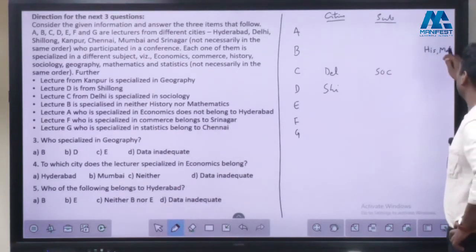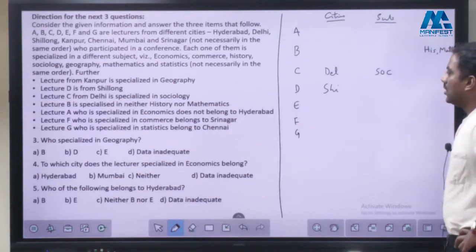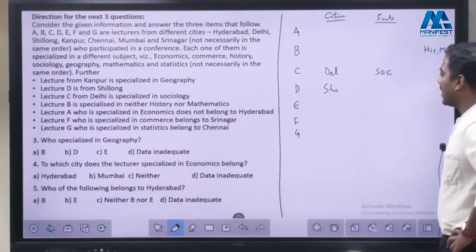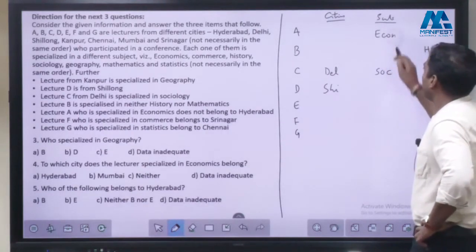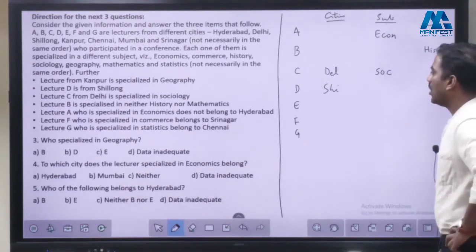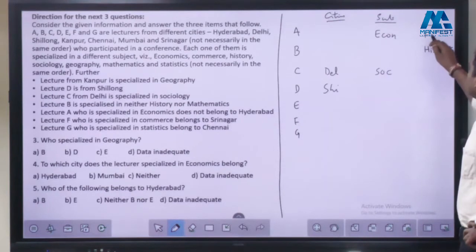Who? Person B. Lecturer A, who is specialized in economics, does not belong to Hyderabad.